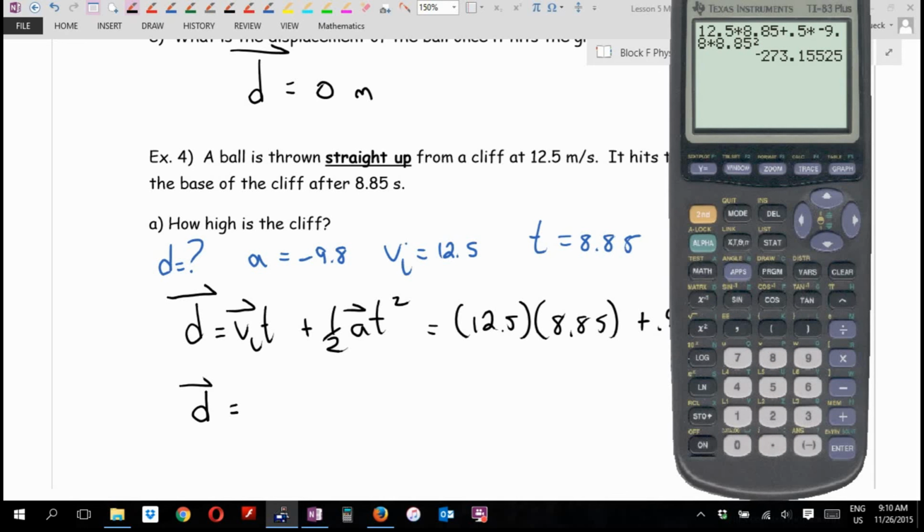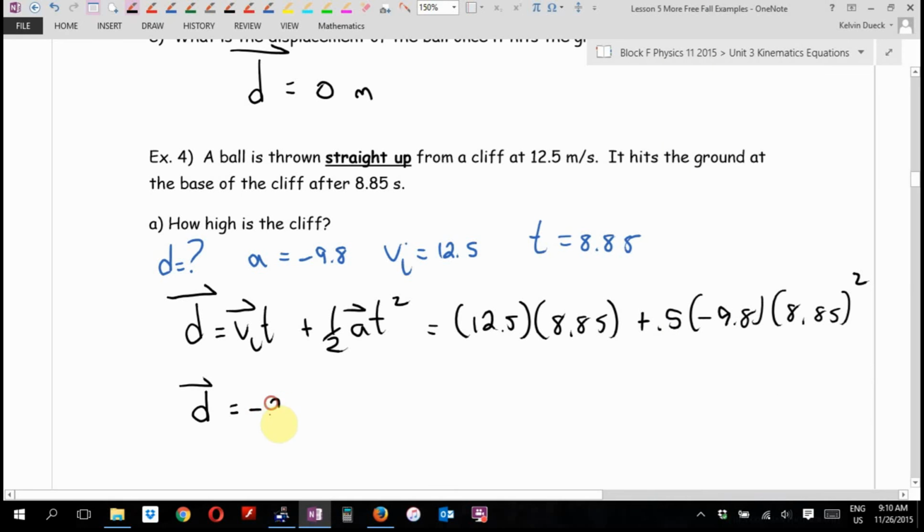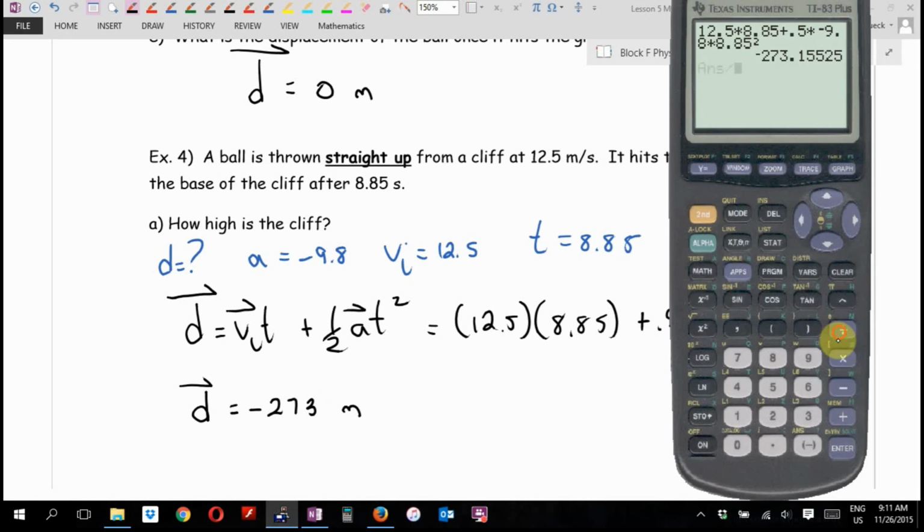You get negative 273 meters. It's a high cliff. It's about, well, yeah, it's about 90 stories. That's a pretty high cliff.